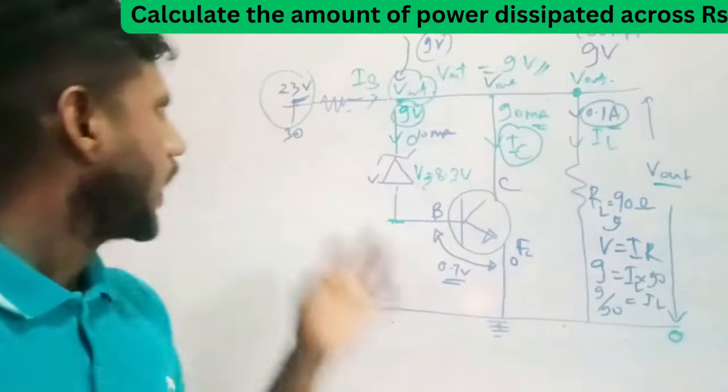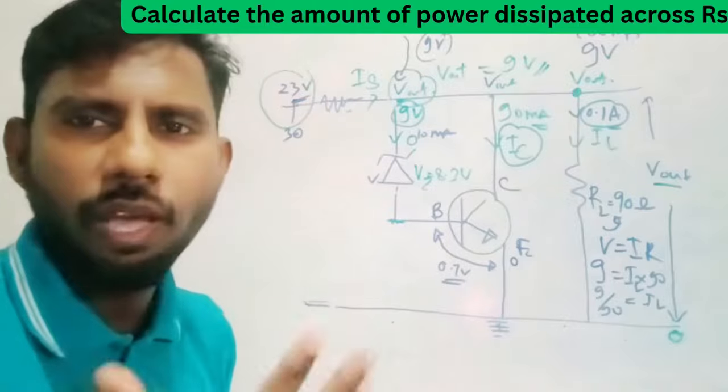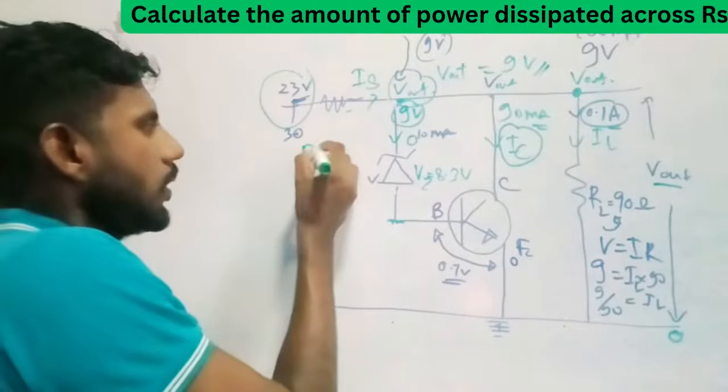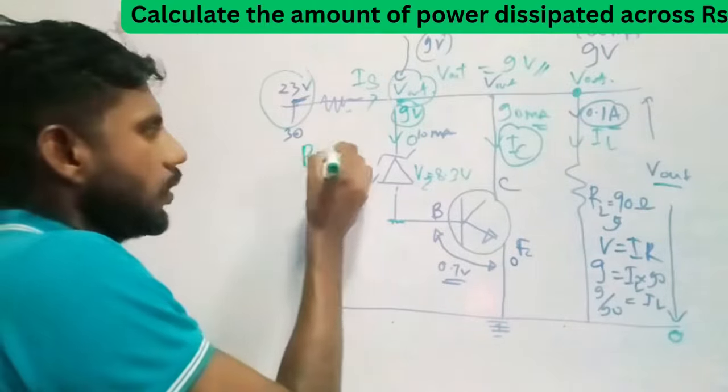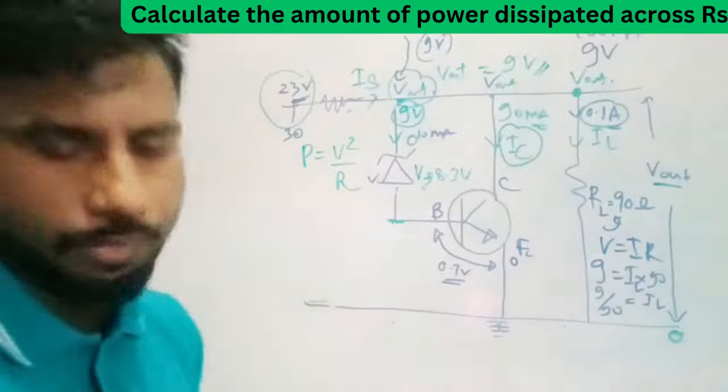Now we need to find the power dissipation at this. Again, that is also a current electricity equation. Power equals V squared over R, that's the equation I'm going to use here. But there are two other equations, I squared R and IV, and you can apply those as well.